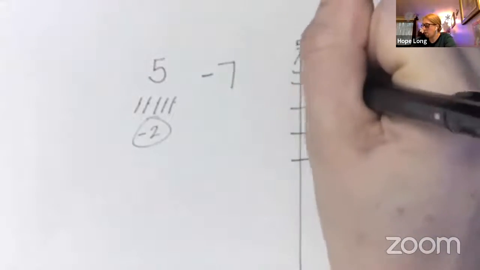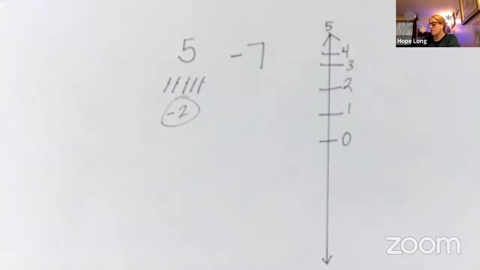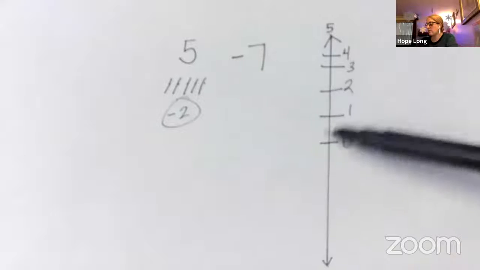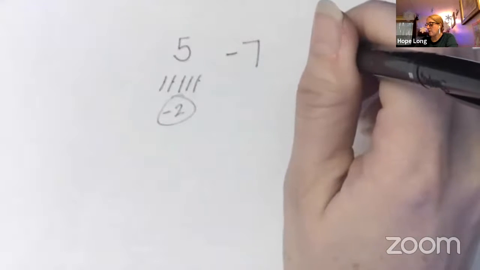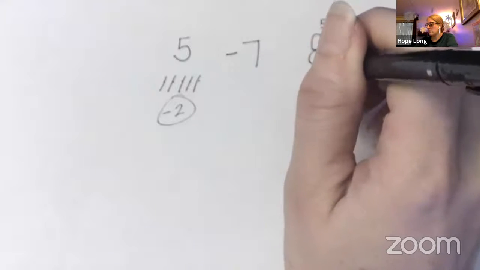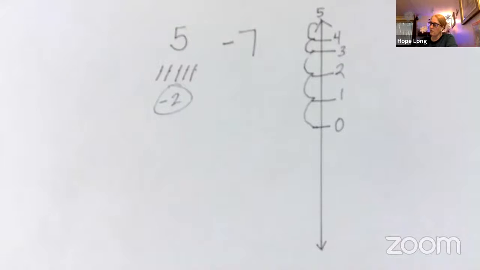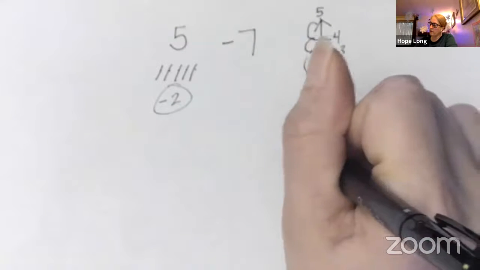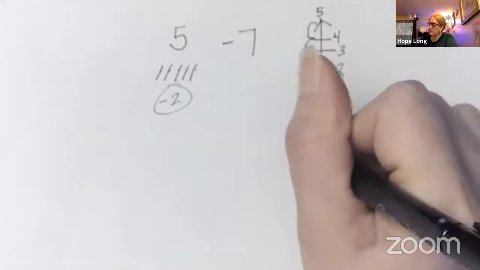So 4, 3, 2, 1. Okay, so we have the 5, but we want to take away 7. So we would go, okay, 5. 1, 2, 3, 4, 5. Uh-oh, we don't have enough. So now we could look at going to a negative place, 6, 7.